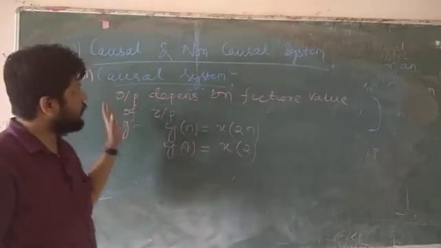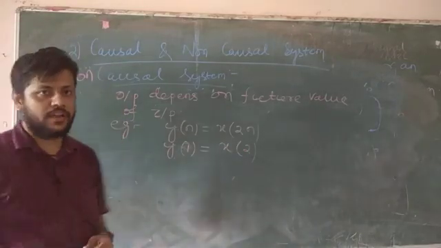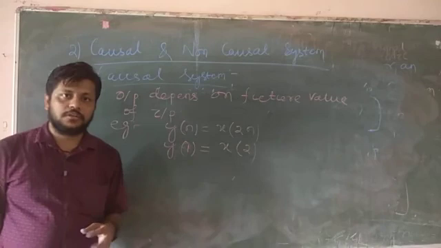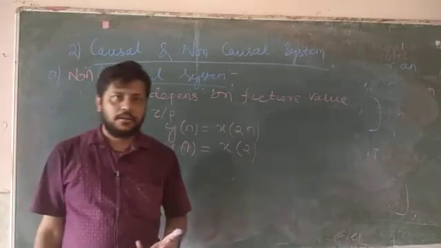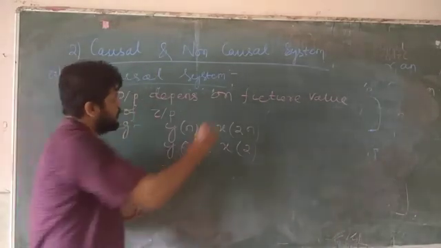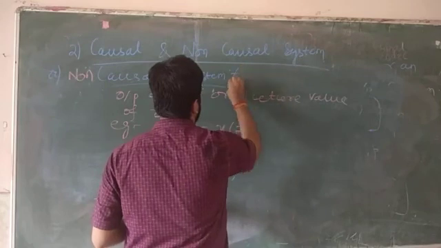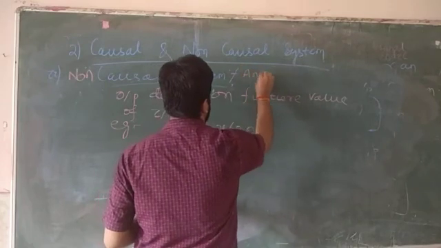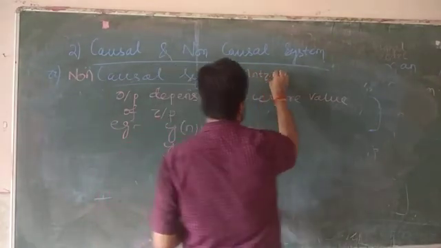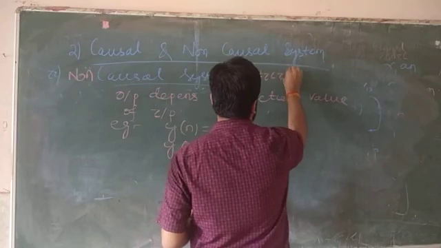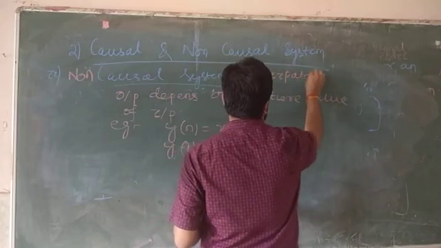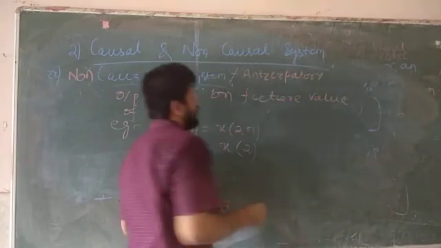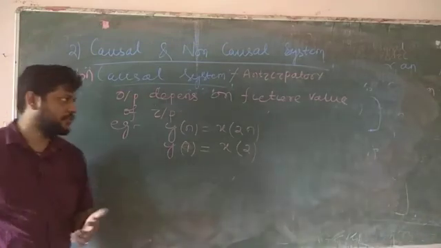Hence this type of system is known as your non-causal system. This system is also known as anticipatory system. It can anticipate. Anticipatory system or non-causal system.